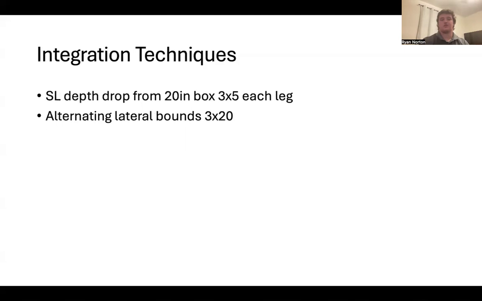And then once we get into integration techniques, we are remembering that this person is a tennis player. So they would benefit from a single leg depth drop from a 20-inch box. And so because this is a bilateral syndrome, we should be doing these bilaterally.